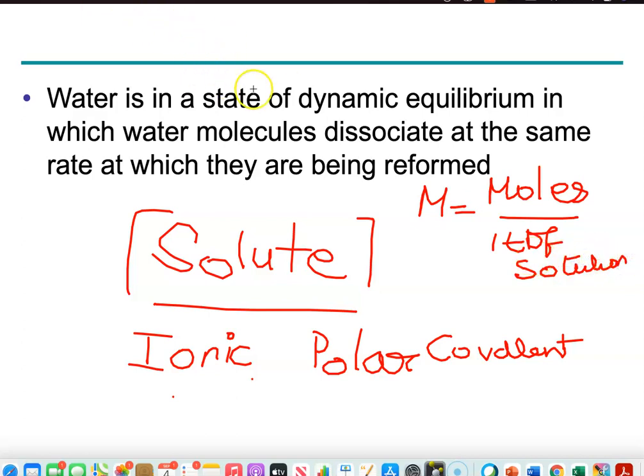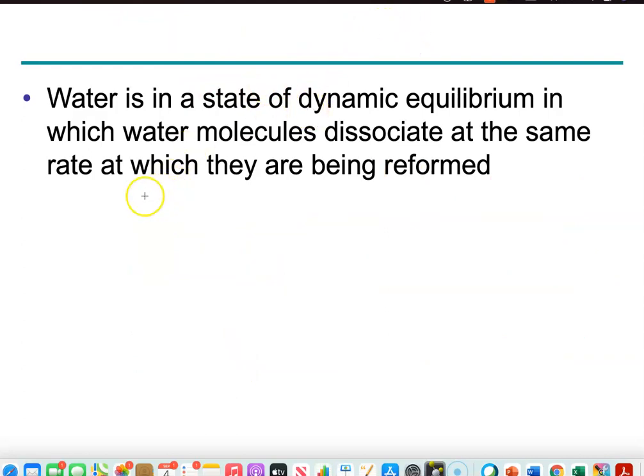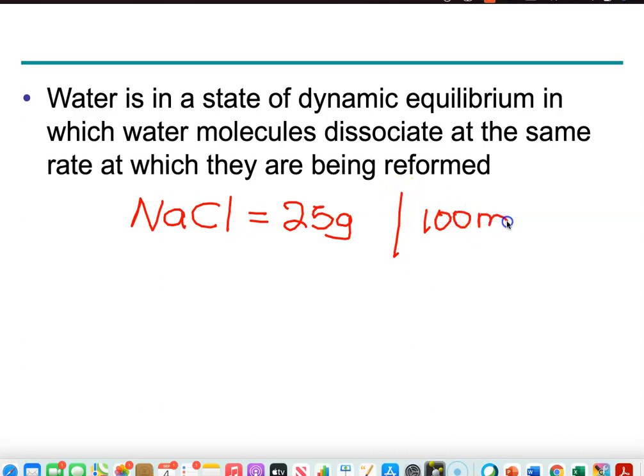So let's try to do a simple math problem. If I had 25 grams of NaCl dissolved in 100 ml of water, how do I find the moles of NaCl?